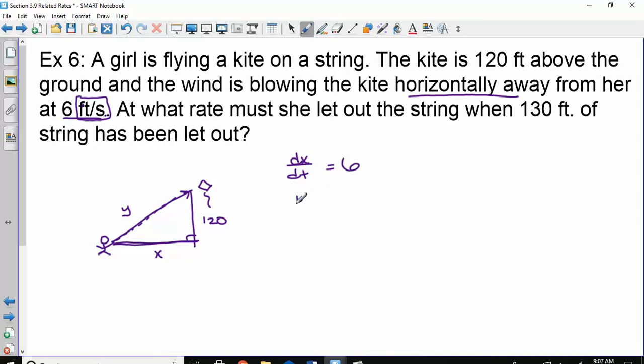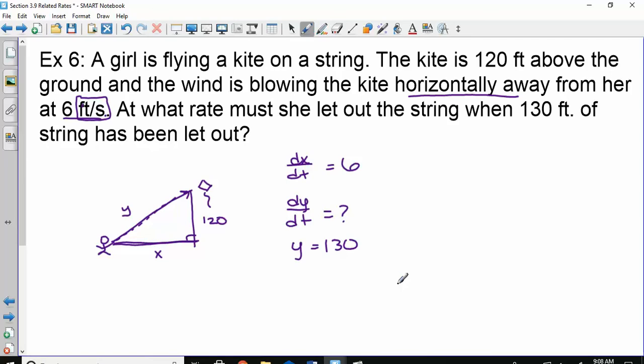So the string is y. If I'm talking about the rate, we are looking for dy dt. When 130 feet of string has been let out, what is that? y. Okay, is there anything else I need?